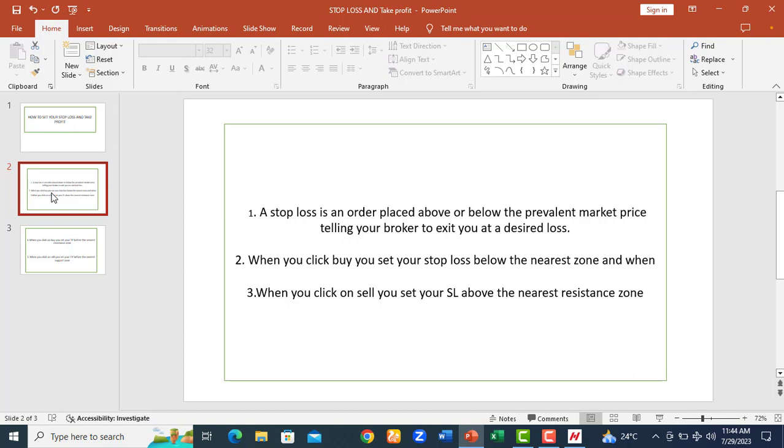When you click buy, you set your stop loss below the nearest zone, not above, conservatively for the regular types of trader, and not exactly at the zone. When you click on sell, you set your stop loss above the nearest zone and not exactly at the zone.